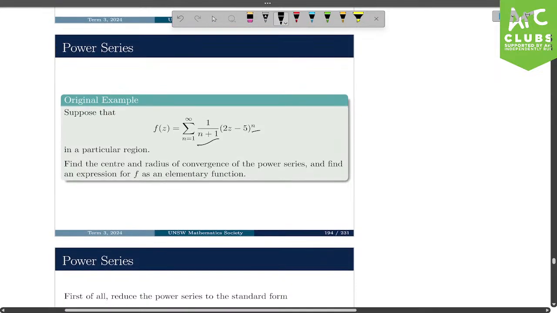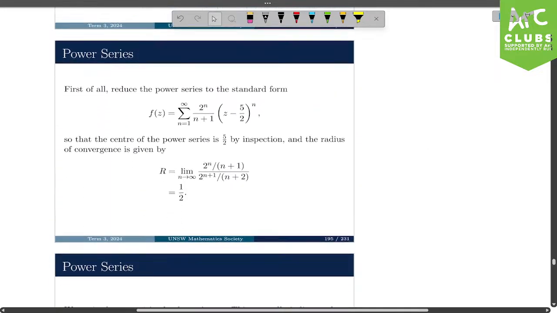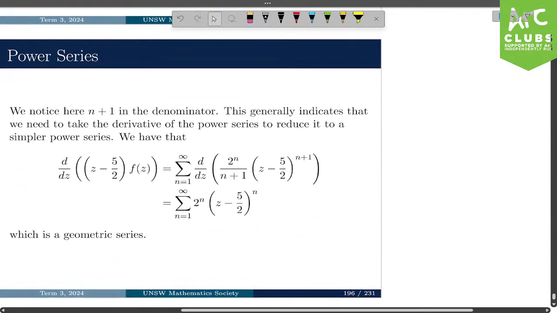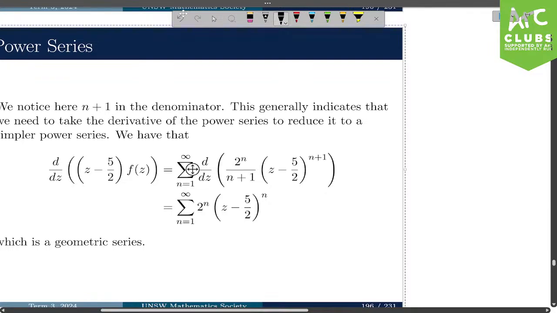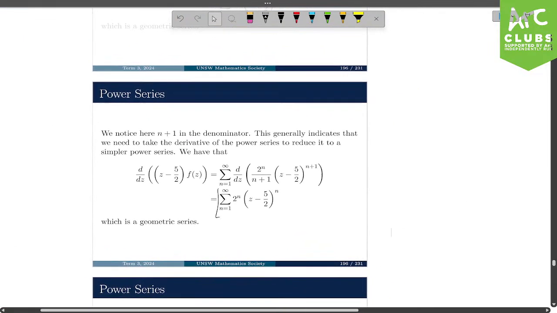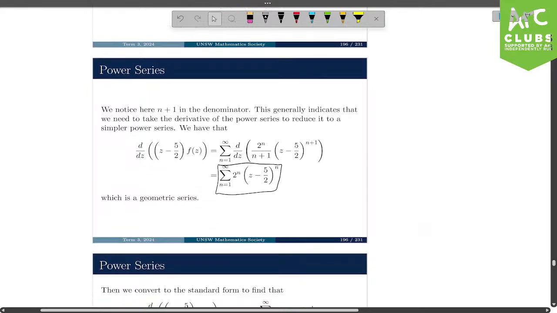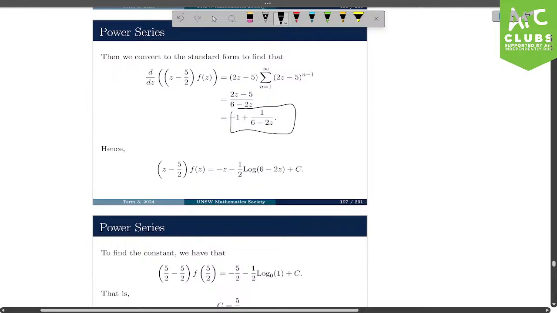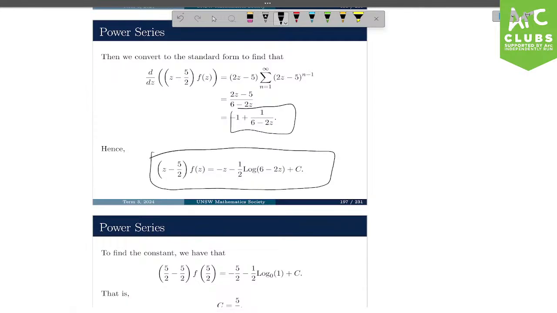Sometimes we might want to deal with that, but in any case, we're going to be taking the derivative, okay? And the derivative just becomes a geometric series, which we can go ahead and further simplify and then reintegrate, okay?